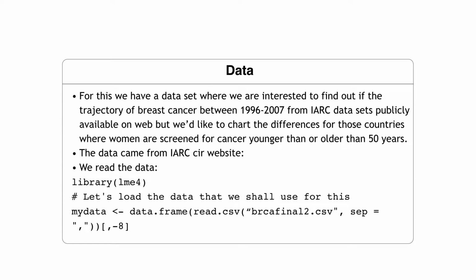These are all developed countries between the years 1996 and 2007. This data set came from the IARC, the International Agency for Research on Cancer, datasets that are publicly available on the web. The purpose of this graphing is to chart the women's age-standardized incidence rates along the time spectrum.